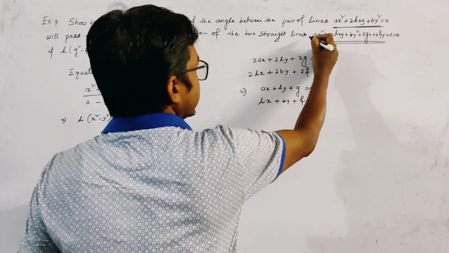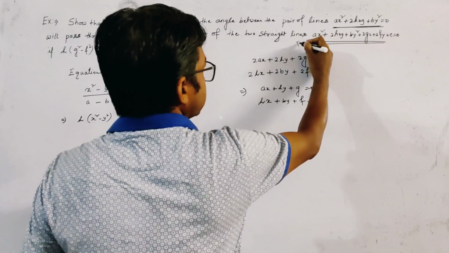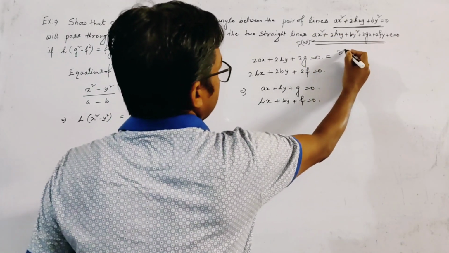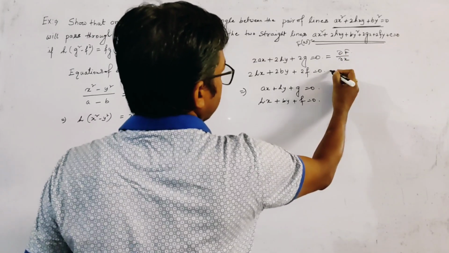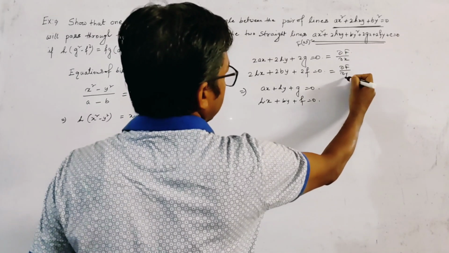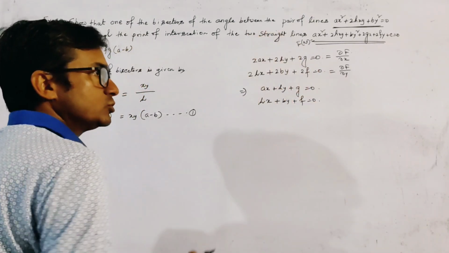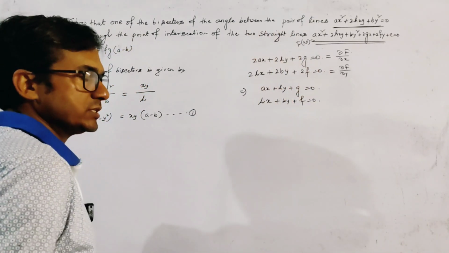If we take this function as capital F of xy, then this is del f by del x, and this is del f by del y. Taking both equal to 0, we get two relations.